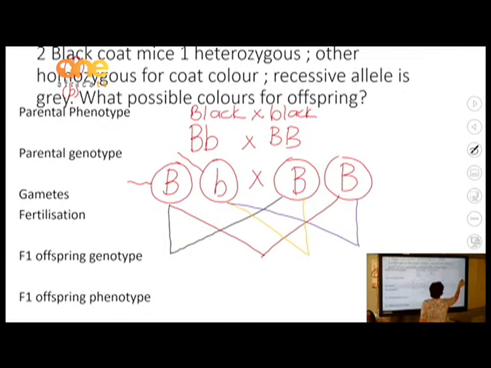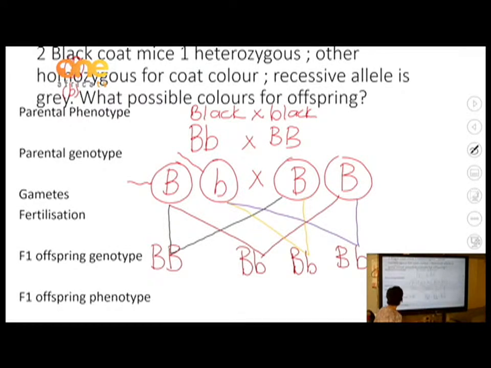So, we can have the genotypes: capital B, small b, or that one, capital B, small b. So, the genotype will be a homozygous black, and there will be one.